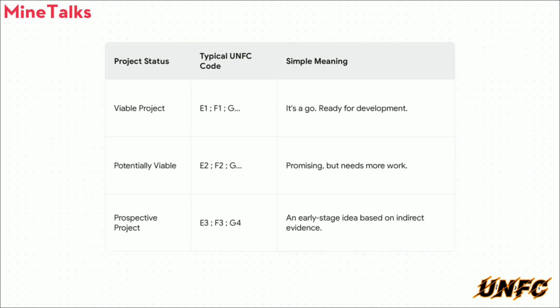If you see something in the E to F2 range, you know it's promising, but there's still work to do. And when you see E3, F3, especially with that G4, you know you're looking at a very early stage exploration play, an idea that's based more on geological theory than on hard evidence.